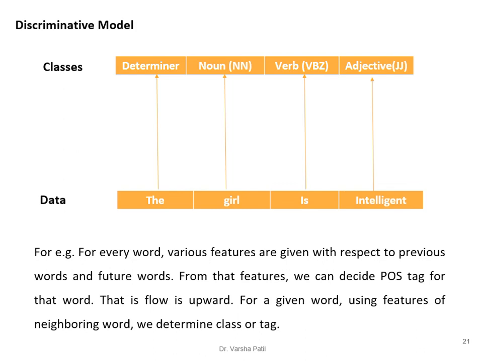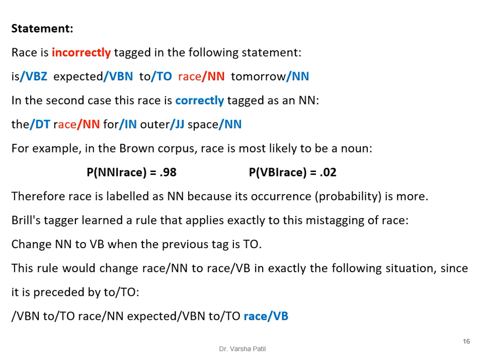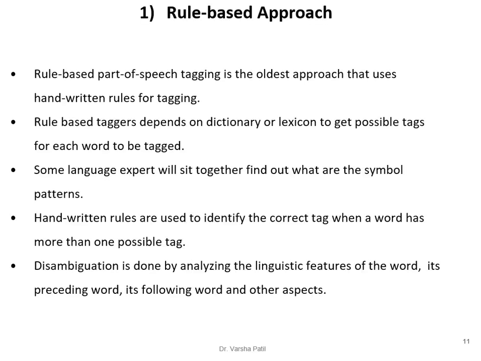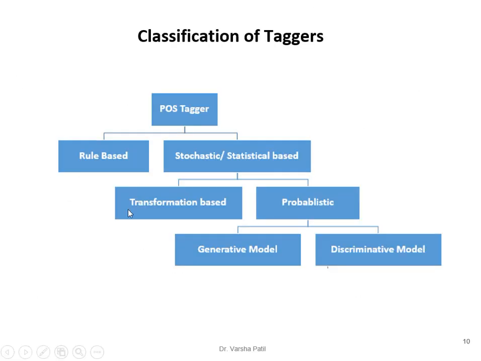So this is all the detailed information about the tagger. This diagram is very important for understanding how part of speech tagging takes place in NLP. In the next video, I plan to make a video on the generative model, that is part of speech tagging by the hidden Markov model, and after that the discriminative model, that is the upward flow, where conditional random field and maximum entropy model are examples of the discriminative model.